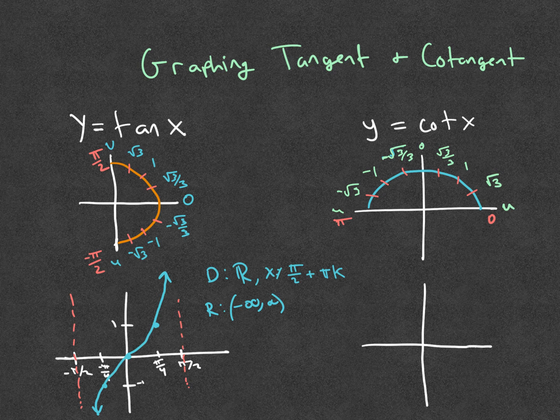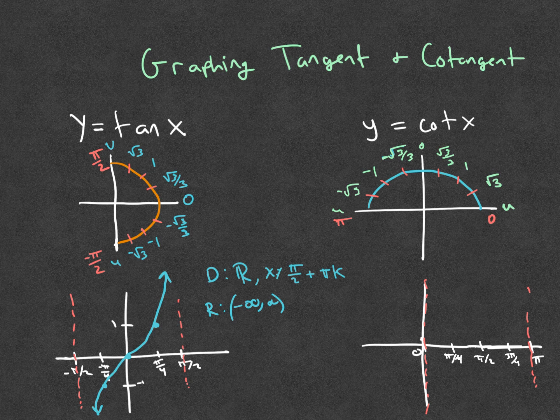So when I make my cotangent graph, I'm going to focus more on that first and fourth quadrant. I've got 0, and then I've got pi, asymptote, and then halfway between, at pi over 2, that's where my graph is equal to 0, and then the 1 and the negative 1 happen at pi over 4 and 3 pi over 4.